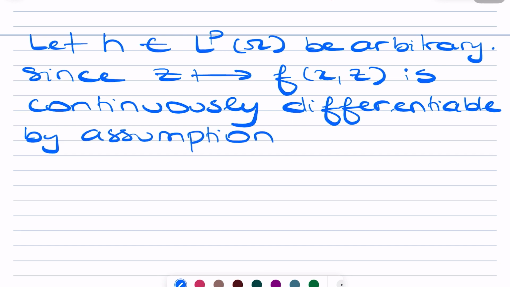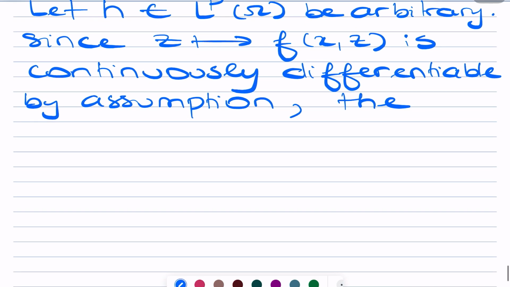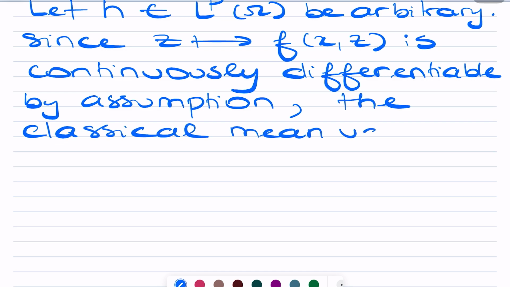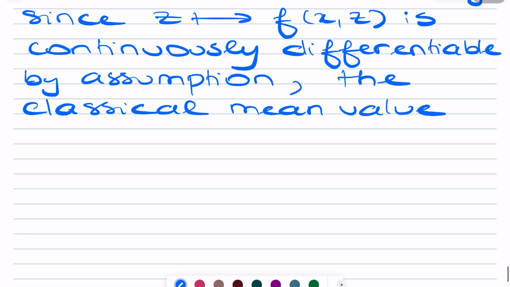The classical mean value theorem implies the classical mean value theorem. Just to highlight, it's a very crucial property that we're going to use here.